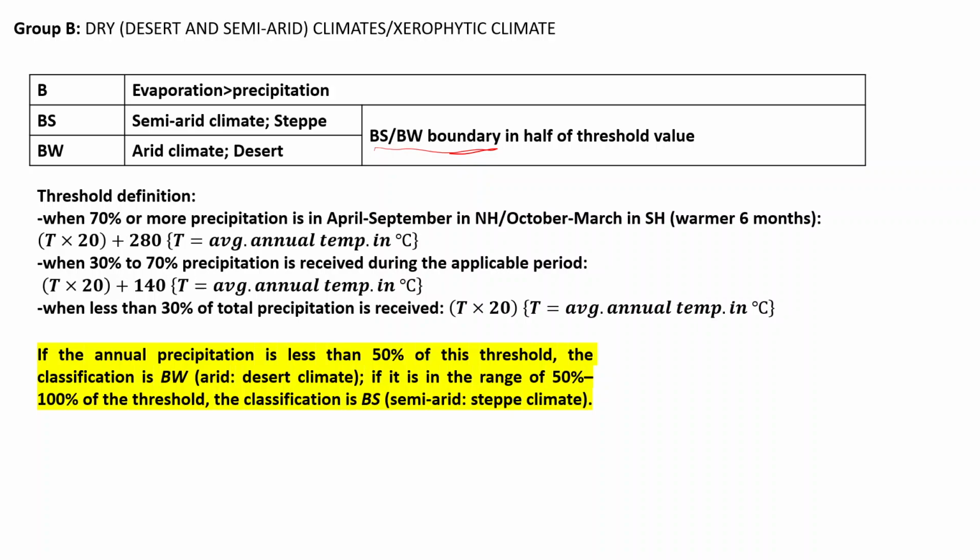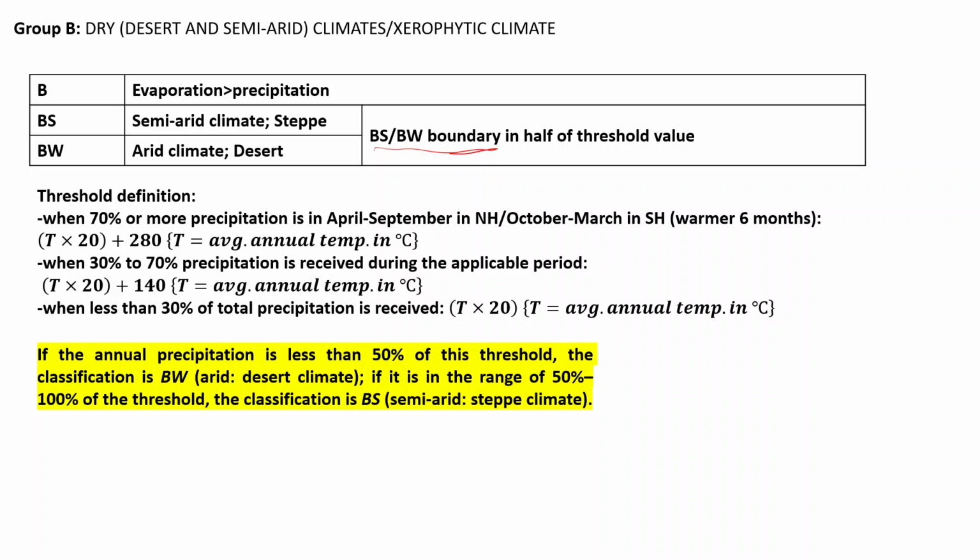If you look at the DS Lal book on page number 325, in the classification of climate, a table is given where it is written as RT plus 28 when 70% or more of rain falls in the warmer 6 months. In this slide, I have given the annual precipitation in millimeters, while in DS Lal the formula is based on the annual precipitation in centimeters.